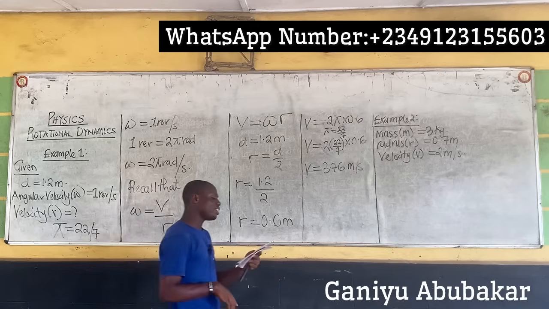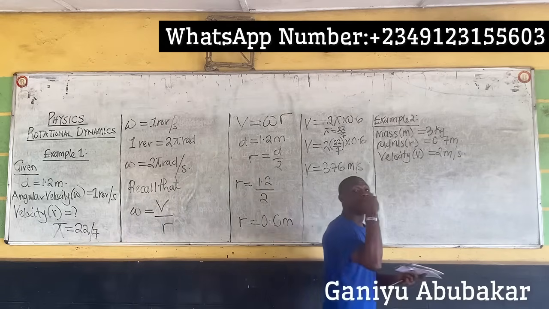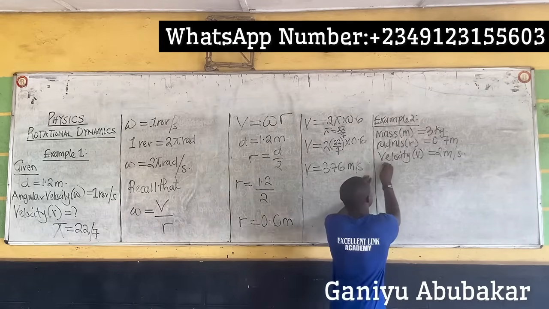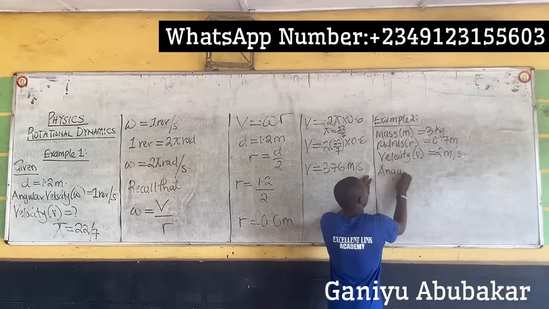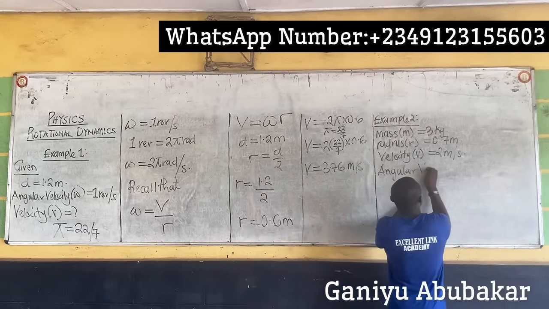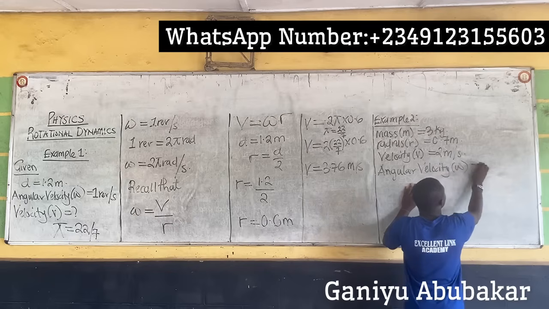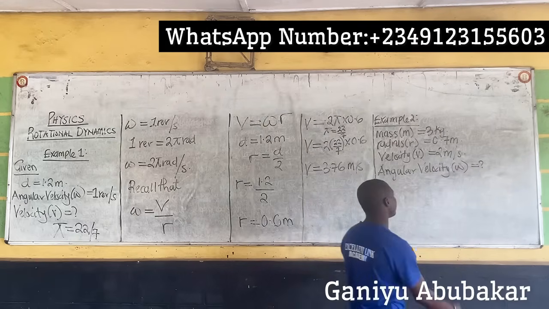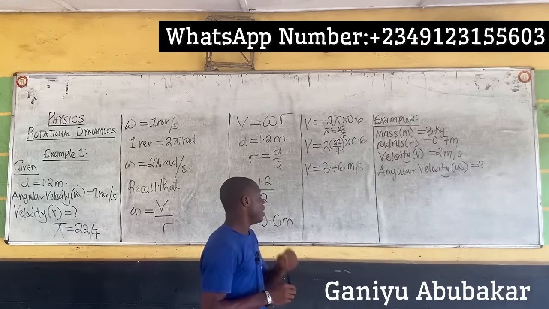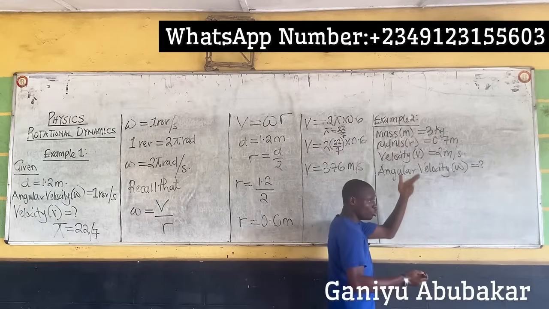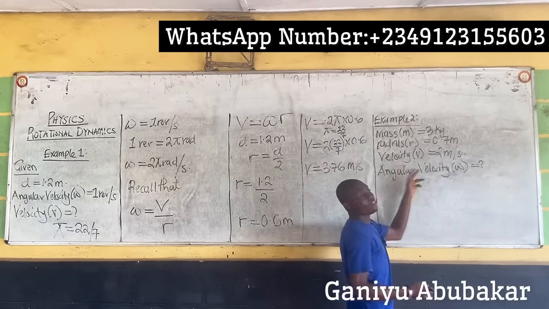It says, what is the result of the angular velocity? So find angular velocity, that's omega, which is unknown. All right, let's get omega. First, what do we know? That's the concept. I'm asked to find angular velocity.